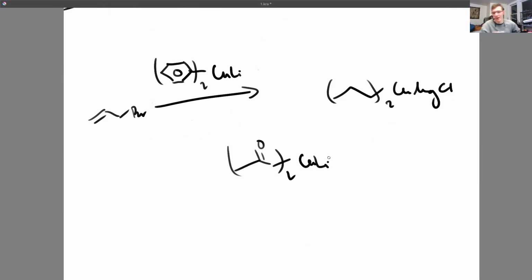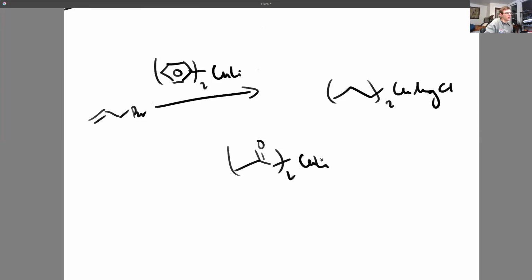This is not a valid hydrocarbon. Right. Well, it's oxygen, right? Yeah, exactly. Like, it would just attack itself, which is strange. So carbonyls aren't allowed.